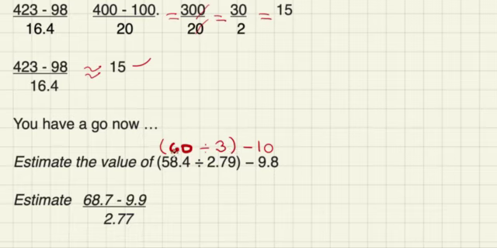And what's in the bracket is 60 divided by 3. So how many times does 3 go into 60? Well, that's quite easy, isn't it? Because that's 20, minus 10, which gives a value of 10.